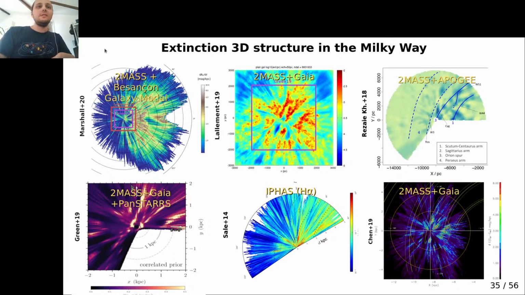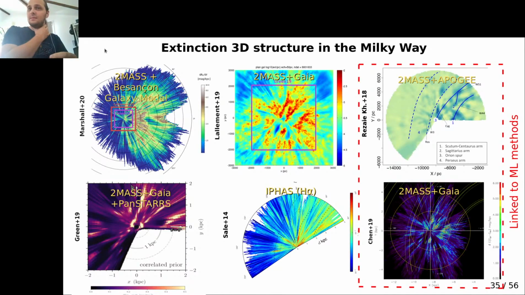The other thing that is interesting by looking at all those maps is that some of them have been using machine learning, at least as a subcomponent of larger analysis. This is the case of those two maps, for example.